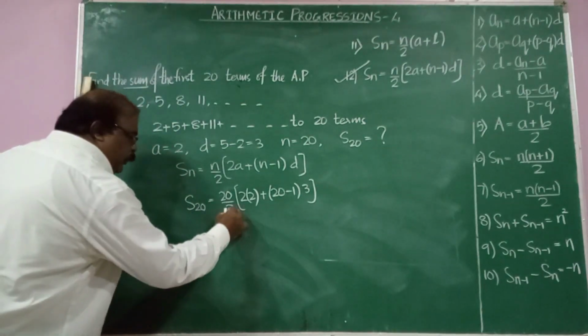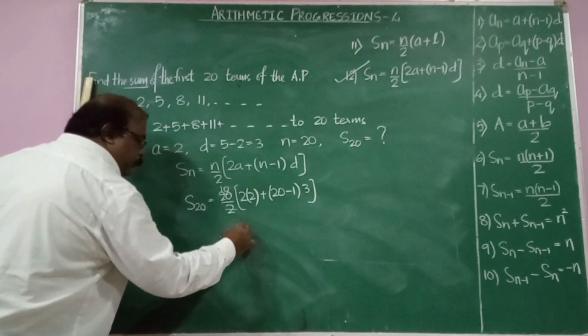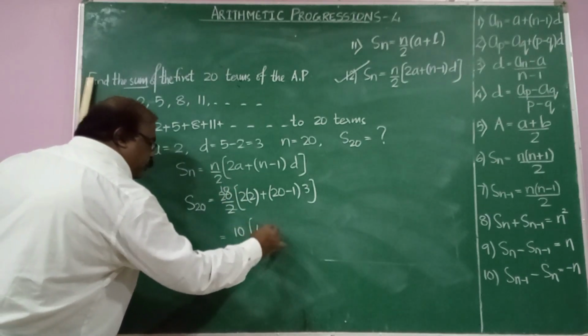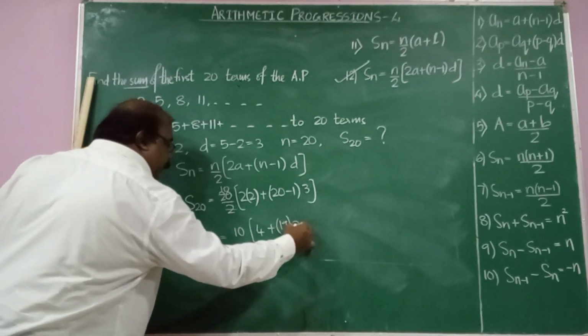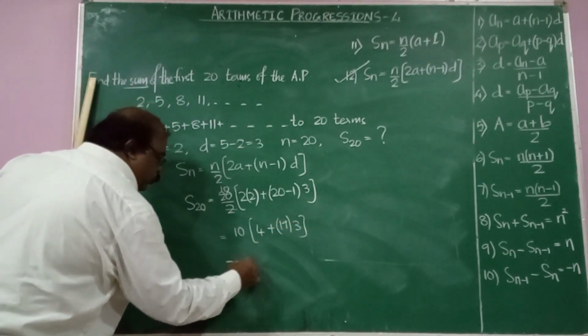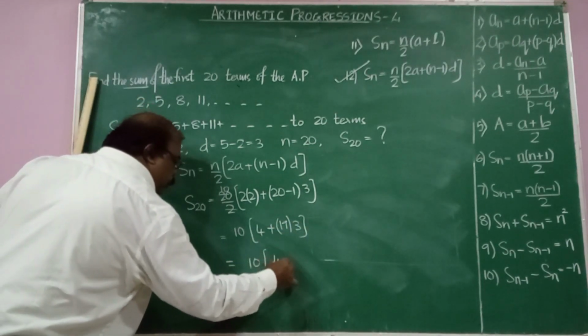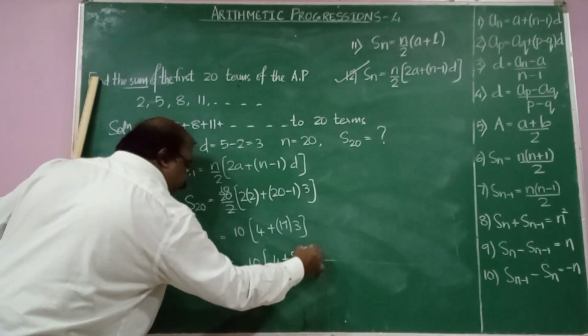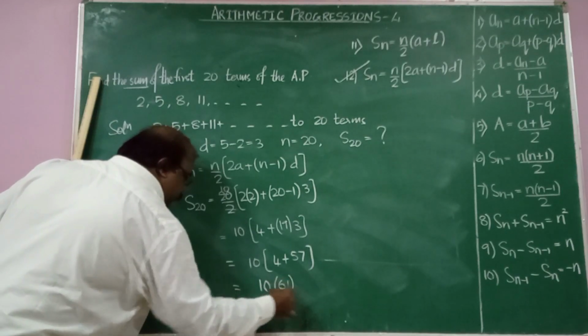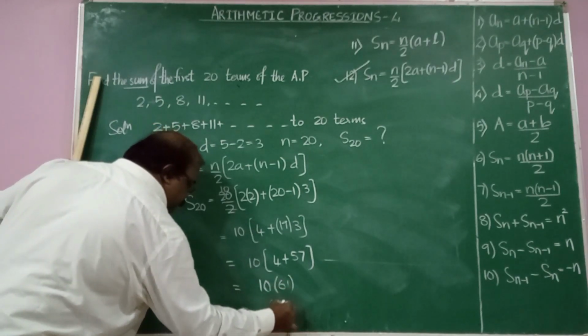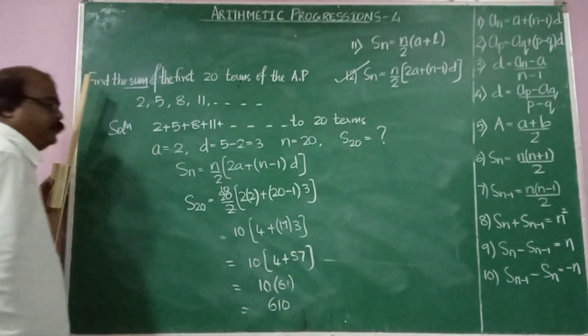So what will I get? 2 ones are 2, 2 twos are 4. 20 minus 1, 19 into 3. So you get 10. 19 threes are 57. So you get 10 into 61, that is 610.